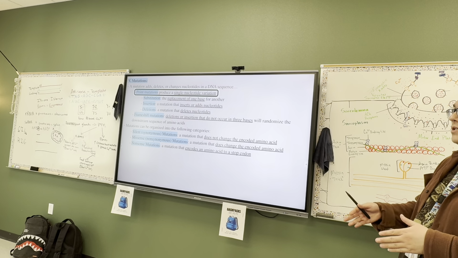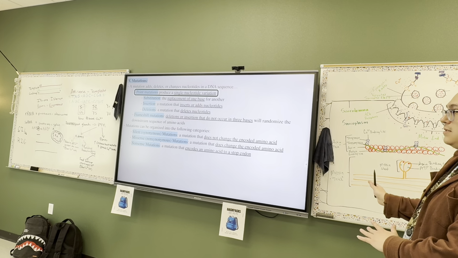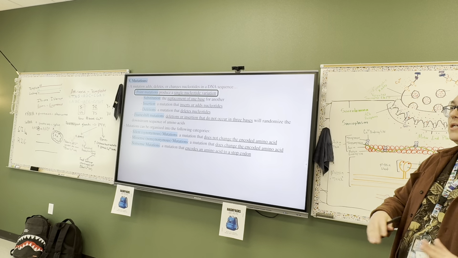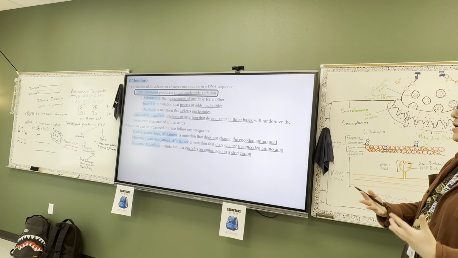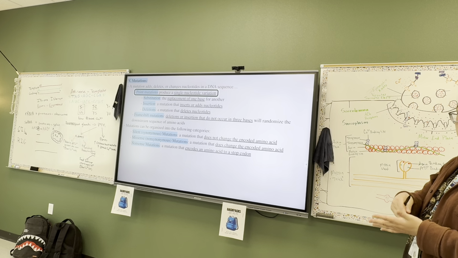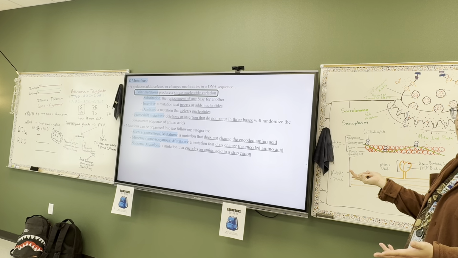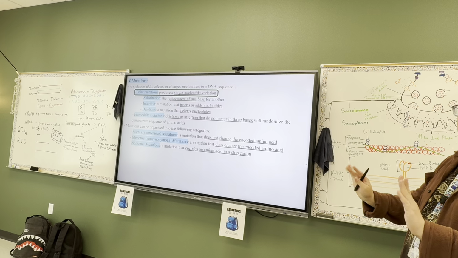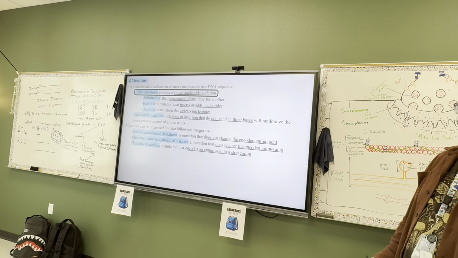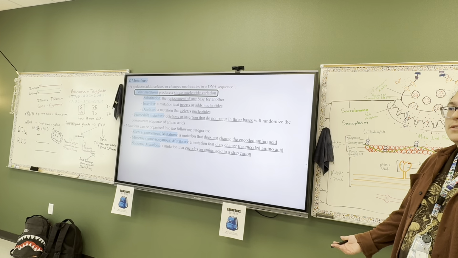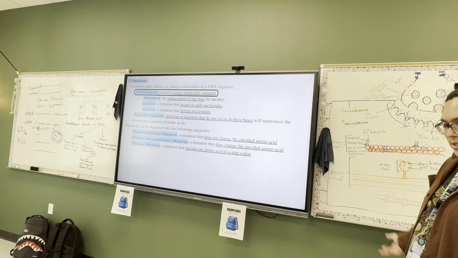If it doesn't change it, it's what? Silent. If it does change it, it's missense. But if we actually end up getting a stop codon in the middle of producing a protein, it's called a what? Nonsense, because you're stopping the production of that protein literally in the middle of making it. Okay, it's like giving you a car that's half finished because again, it doesn't make any sense. That's why it's called nonsense. Okay?